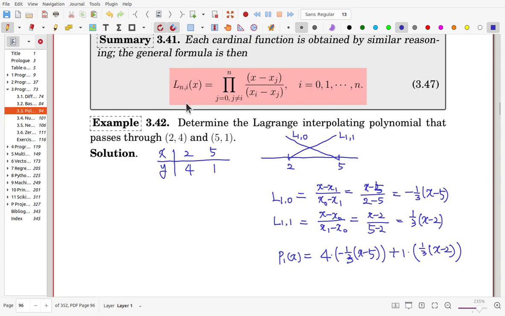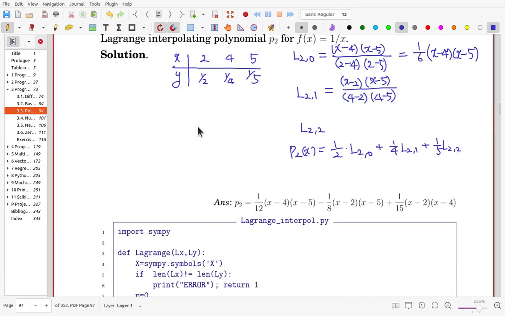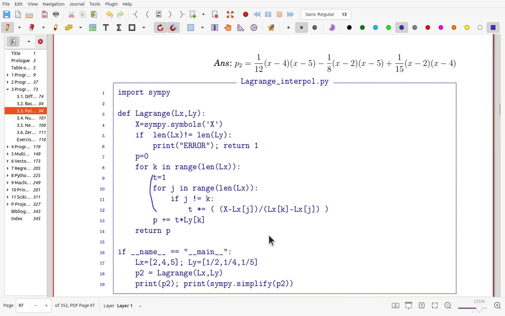Here, and after making that saved in t, we multiply the y value and add to the polynomial. So k is moving from beginning to end. So that after that we return.